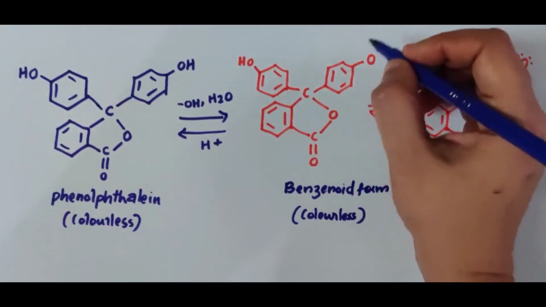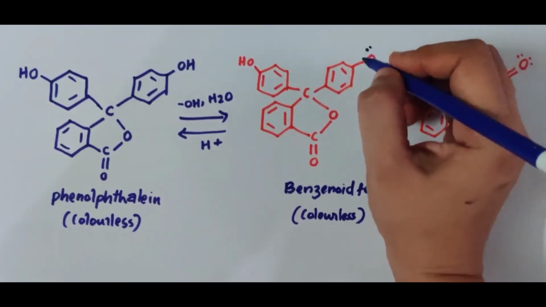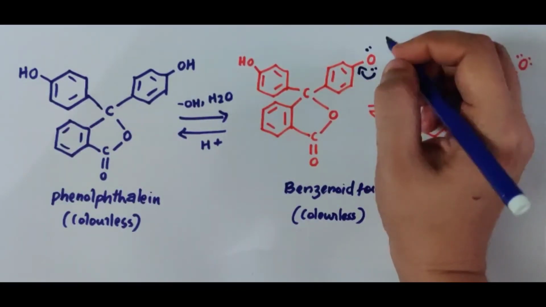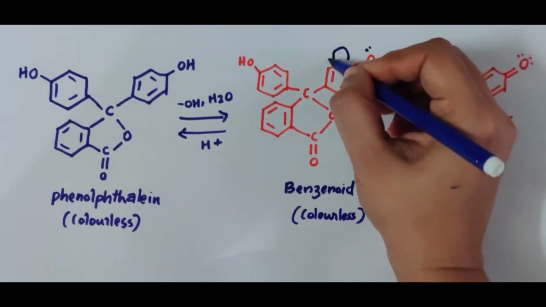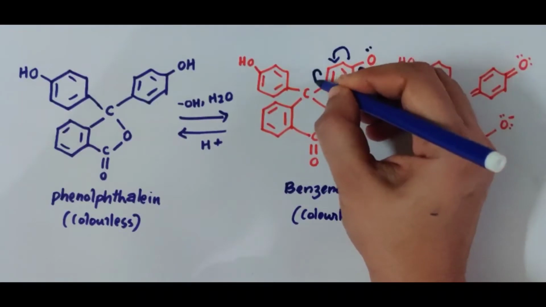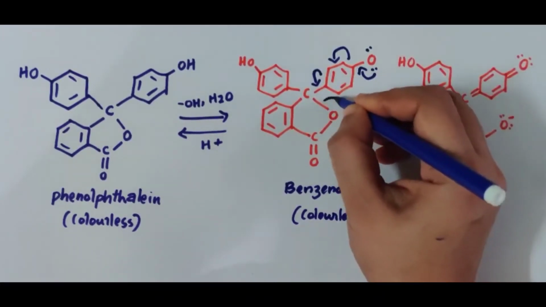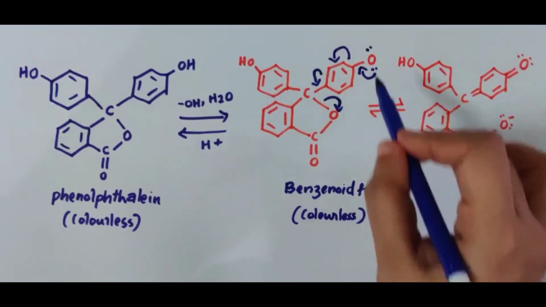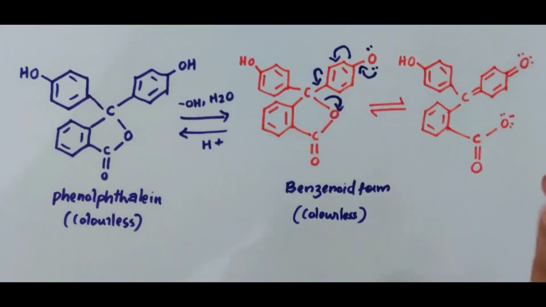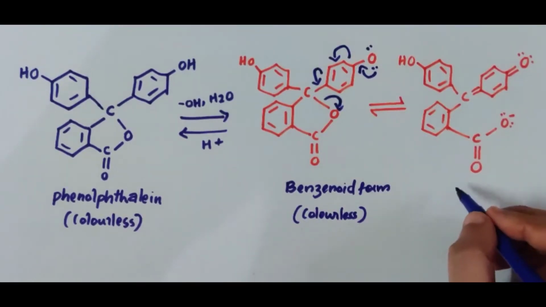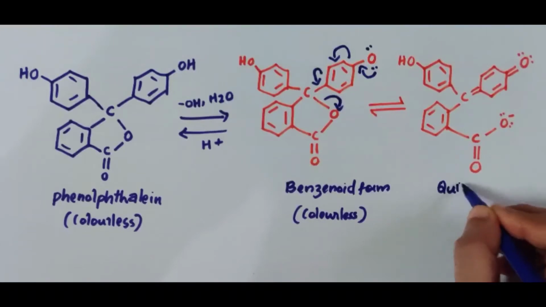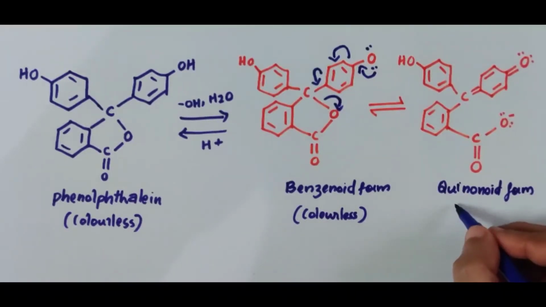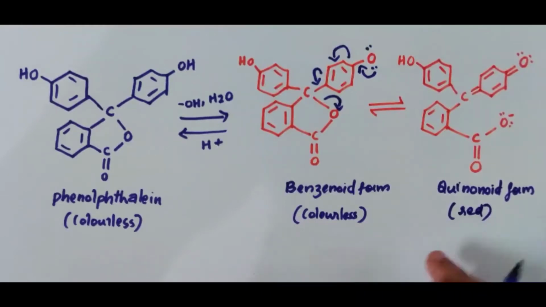After that, we get the quinoid form. After this conversion, we get this quinoid form of phenolphthalein, which is red in color.